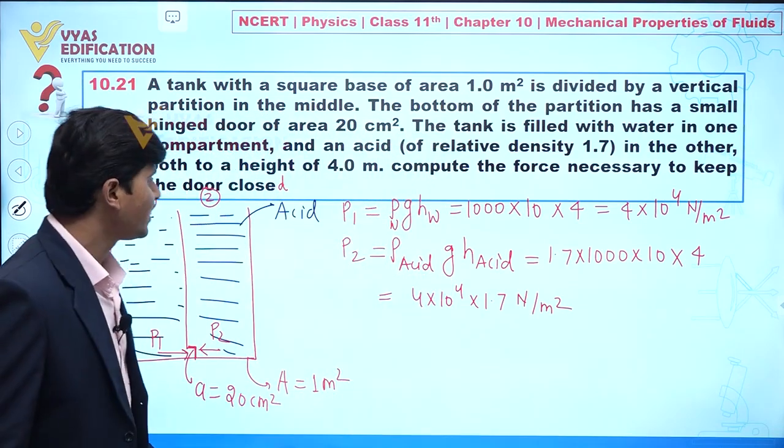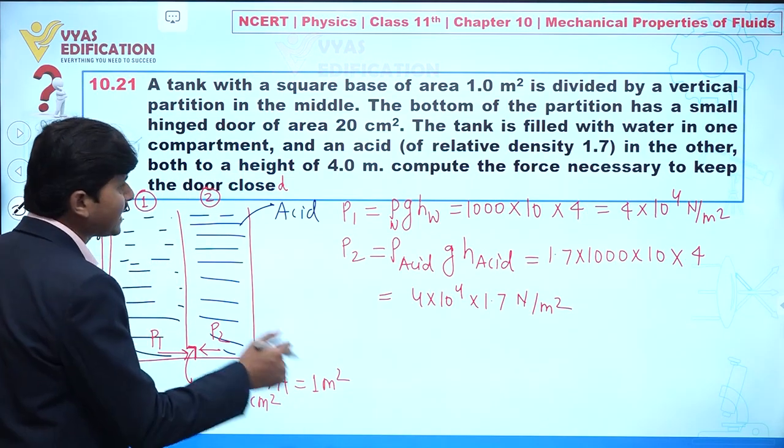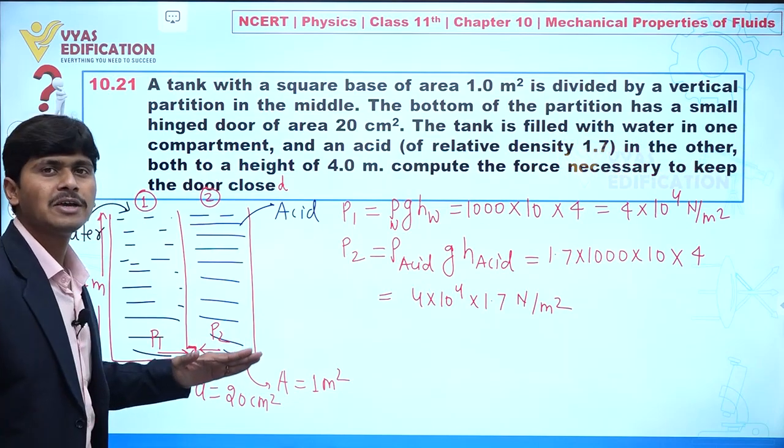Now if you observe, P2 is greater than P1. It means the pressure exerted by the acid side is more than the pressure exerted by the water side.